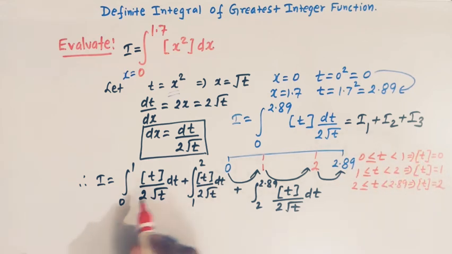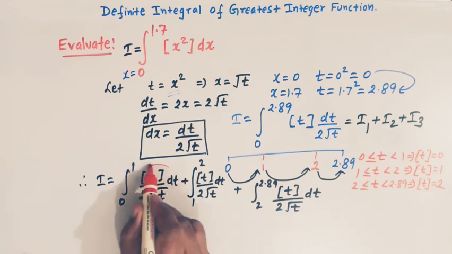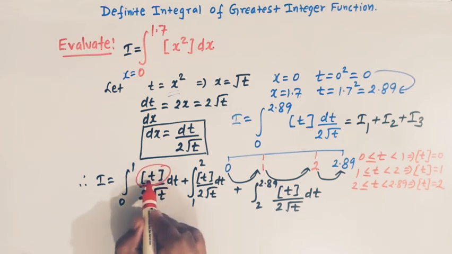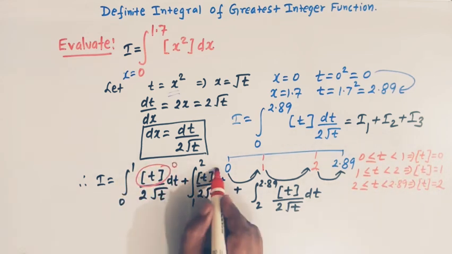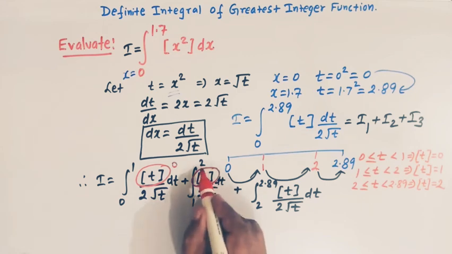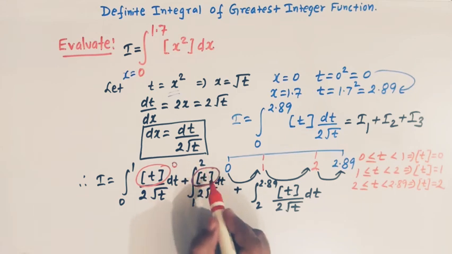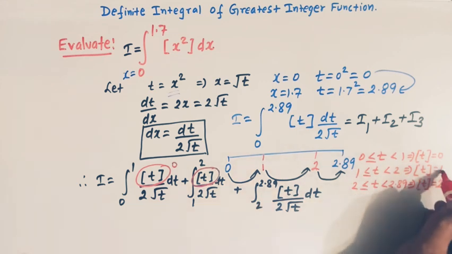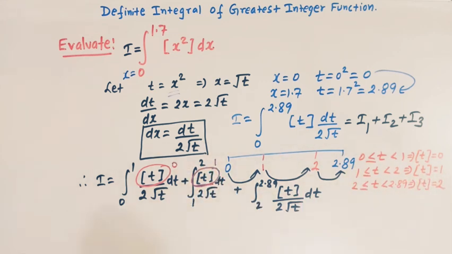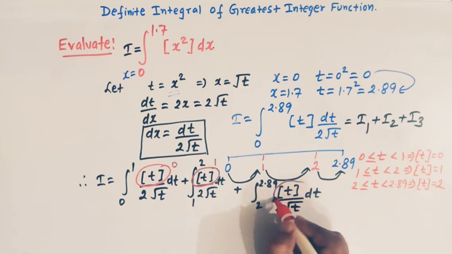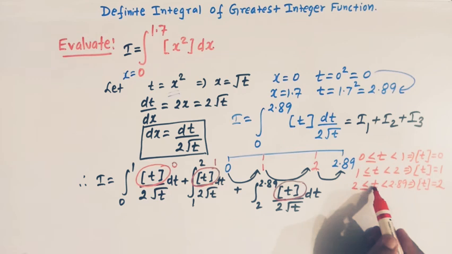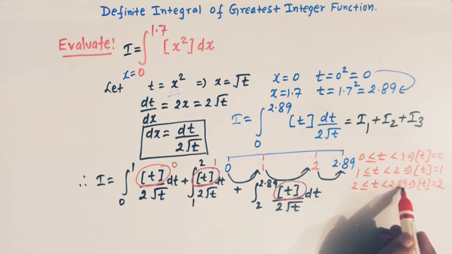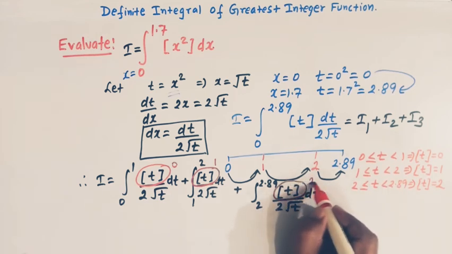So when we take I1 from 0 to 1, then we see that the value of this greatest integer t is equal to 0, right? So here we'll have 0, and when t lies between 1 and 2, then the value of greatest integer t is 1, so here we'll have 1, right? And when the greatest integer t is 2, then t lies between 2 and 2.89, so here we'll have 2, right?